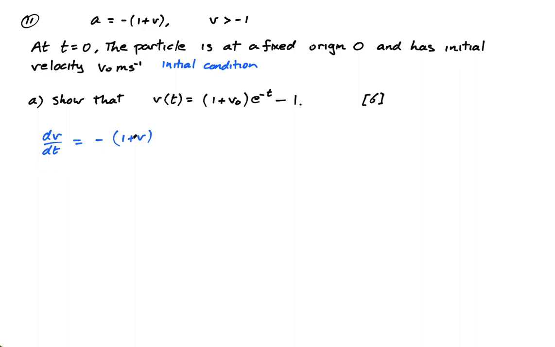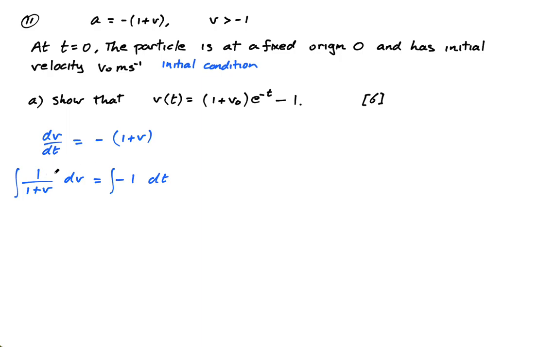Let's do that. I'm going to say it's 1 over 1 plus v dv, so I'm leaving the dv here, and that is equal to -1 dt, because I'm leaving the -1 up here. I'm going to multiply across by this dt. I can then say the integral of this is equal to the integral of this.